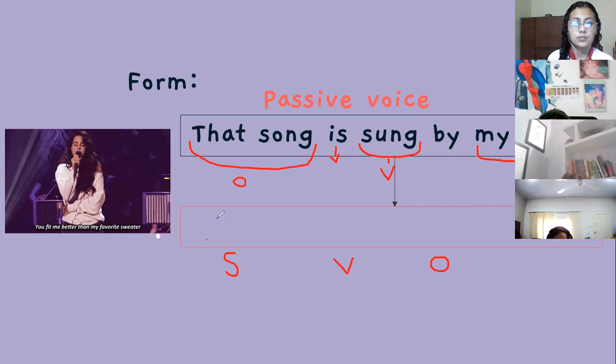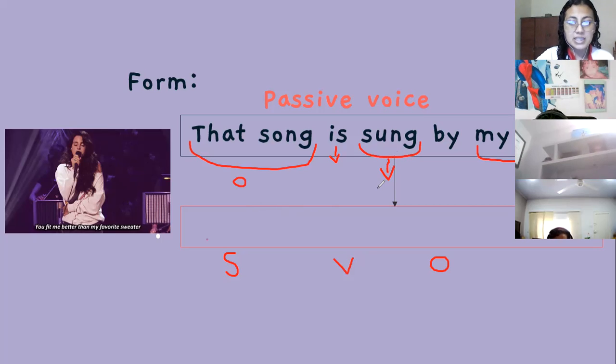Miss, I said my mom sung that song. Remember that this is the main verb, okay? So this verb is going to be in present simple. Yes? Sing. Sings, because we are talking about my mom.